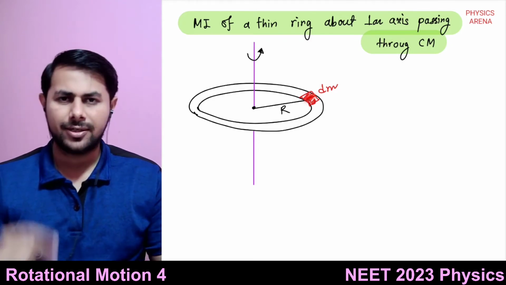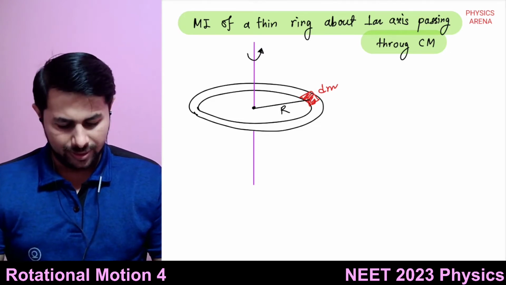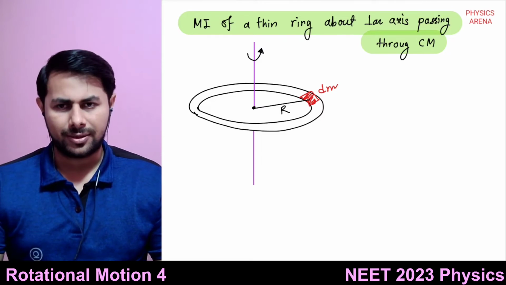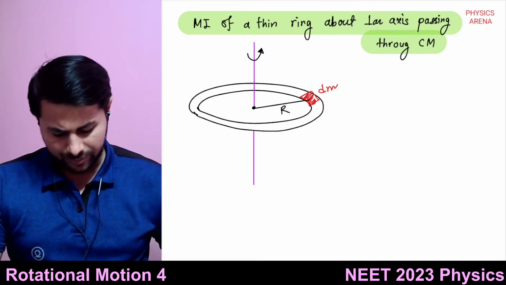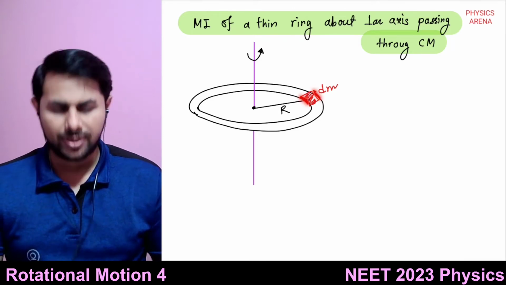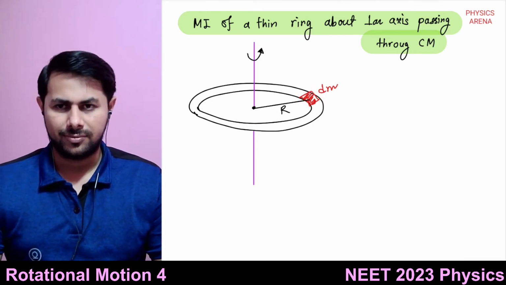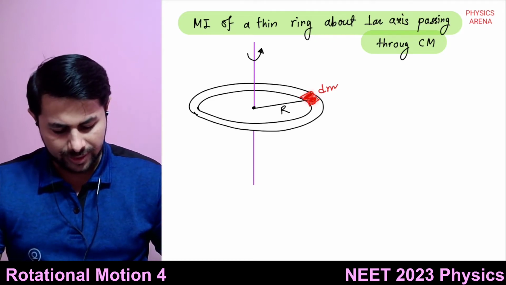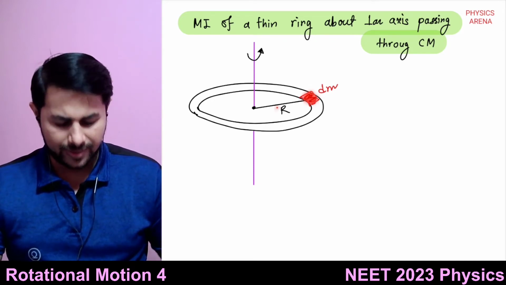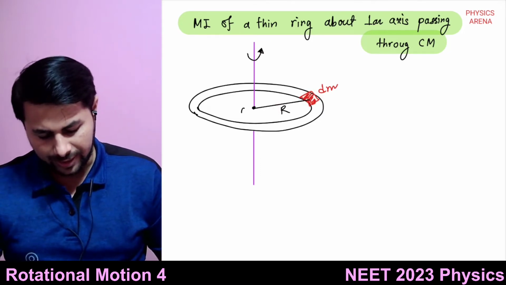We can neglect the thickness because it is a very thin ring, so it is at a distance of r. We'll consider that the ring is so thin that the inner radius and outer radius are almost equal. It is equal to r. So the distance of this mass dm from the center of the ring is r.